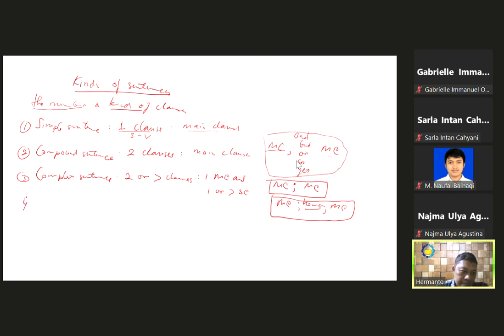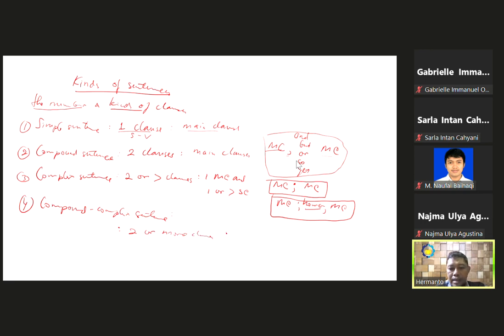And number 4, the last one, is the combination of compound and complex. It is a compound-complex sentence. How many clauses are there? Two or more clauses.